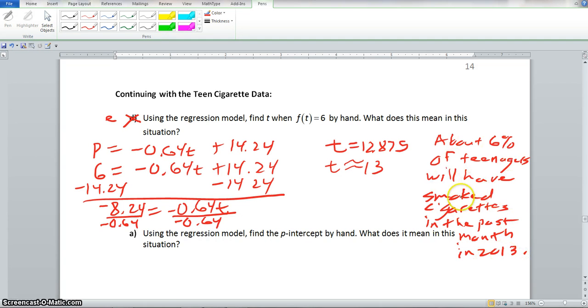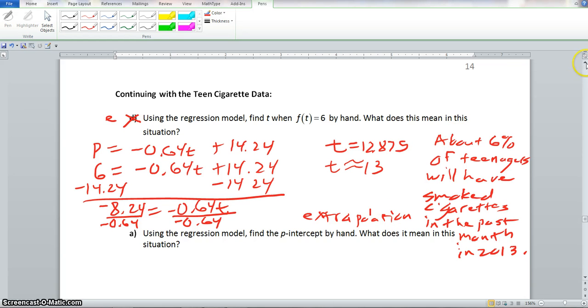Now, this whole statement goes for this answer here. And this is also extrapolation, because when we look back up at our chart, we only go up to 2008.